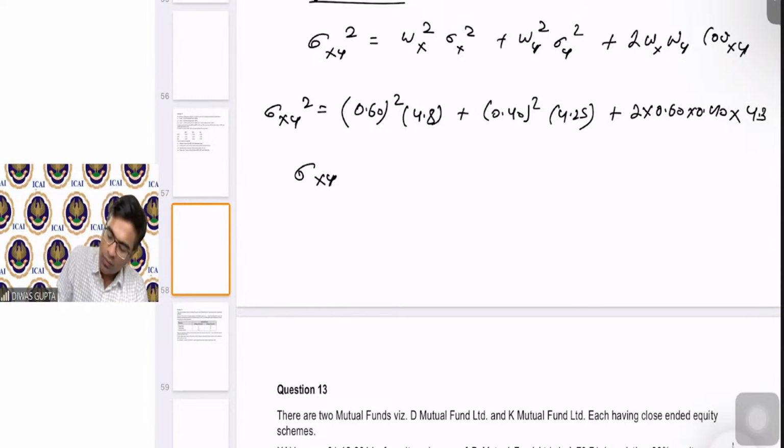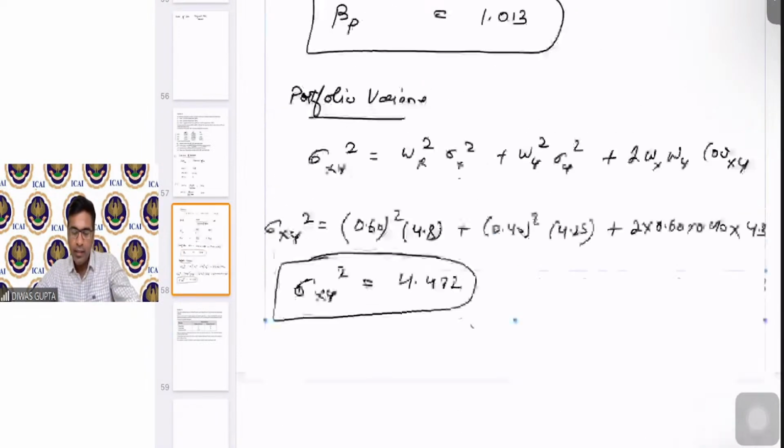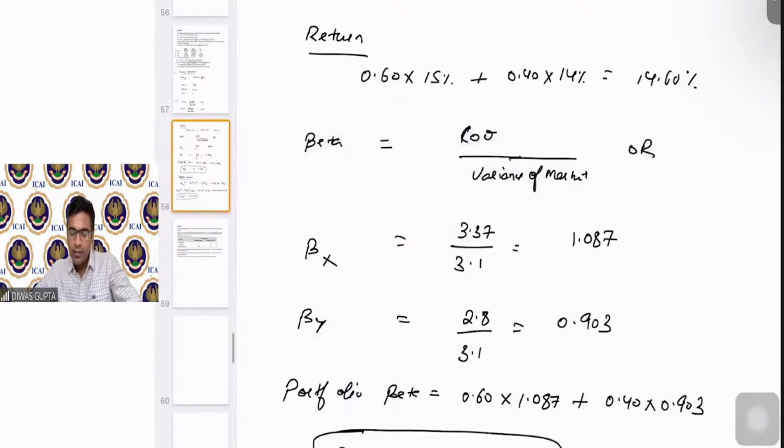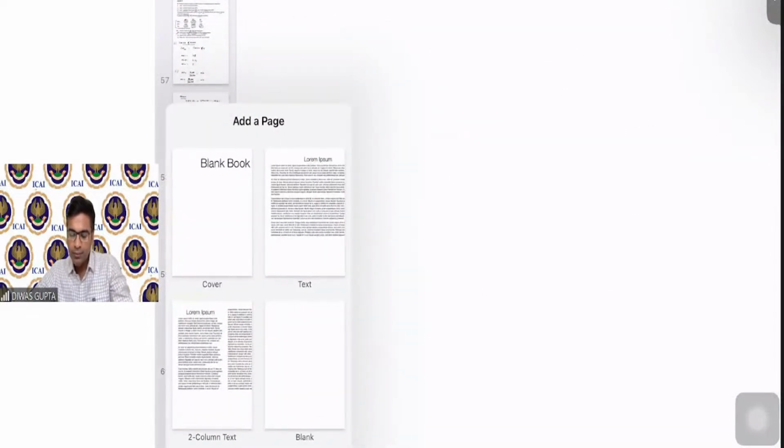So the variance comes as 4.472. Okay, students, I hope this is clear till now. Anything else that is not clear, please do let me know.